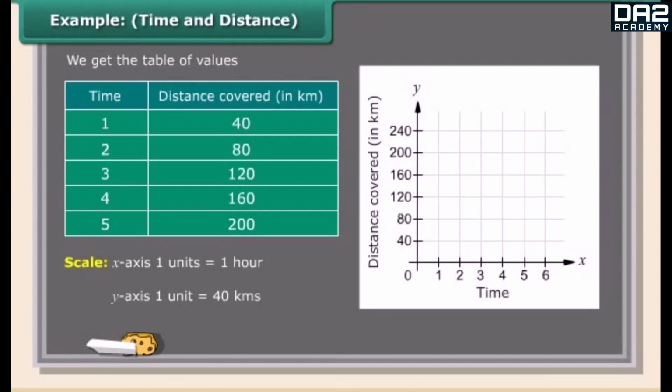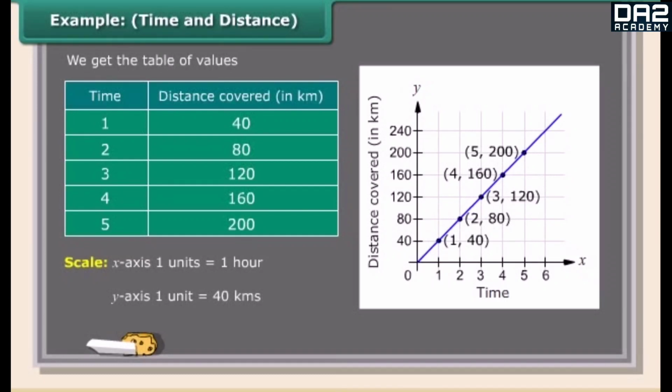A. Mark time on the horizontal axis. B. Mark distance on the vertical axis. C. Plot the points (1, 40), (2, 80), (3, 120), (4, 160), (5, 200). D. Join the points. We get a linear graph. 1.